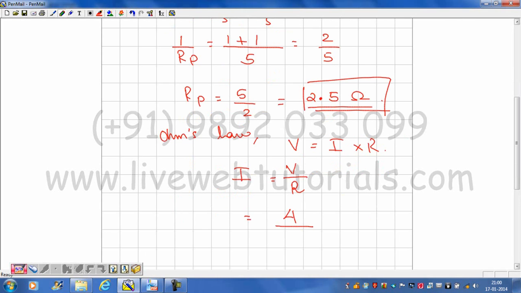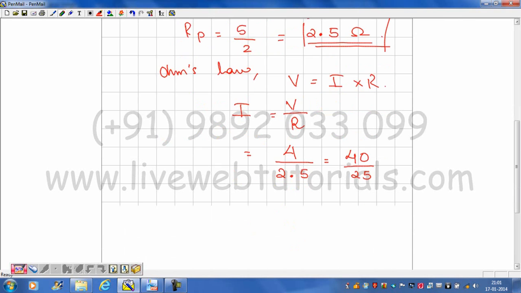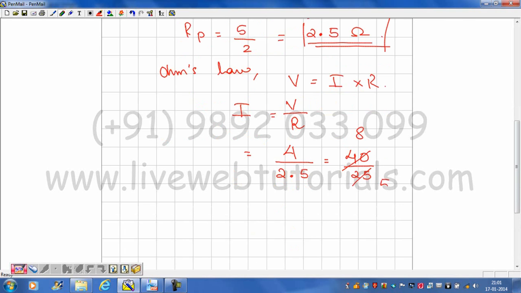Voltage is 4 volts. The resistance we have found out, it is 2.5 ohms. This is going to become 40 divided by 25. If I shift the decimals, 5 8s are 40, 5 5s are 25, 8 upon 5. If you divide, this current is going to be 1.6 amperes.